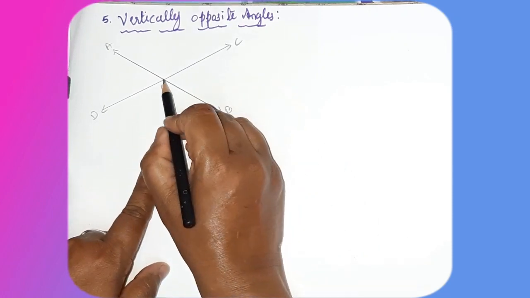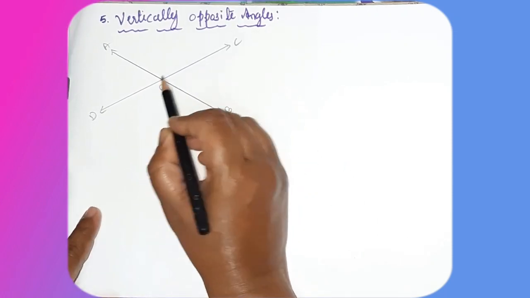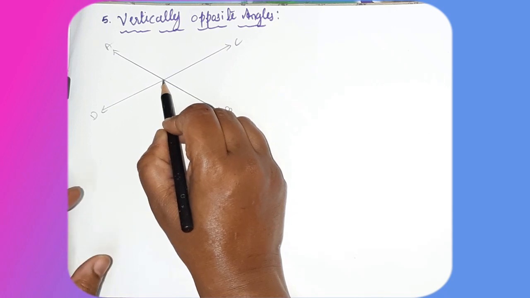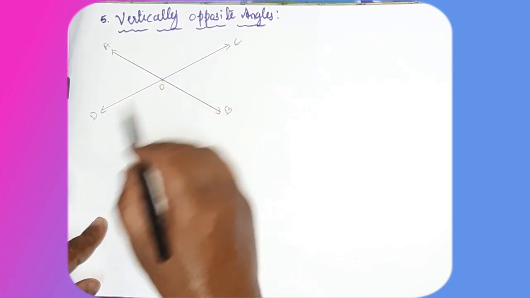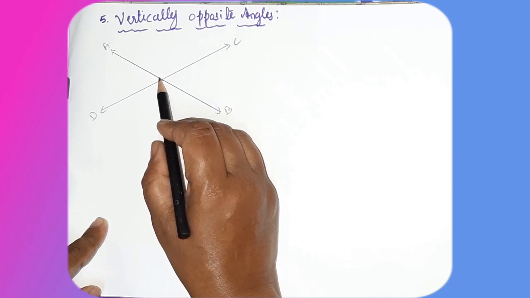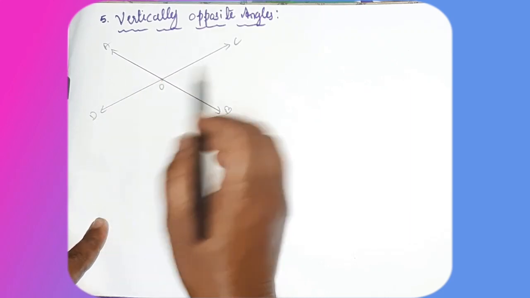O is the point of intersection of the lines AB and CD.